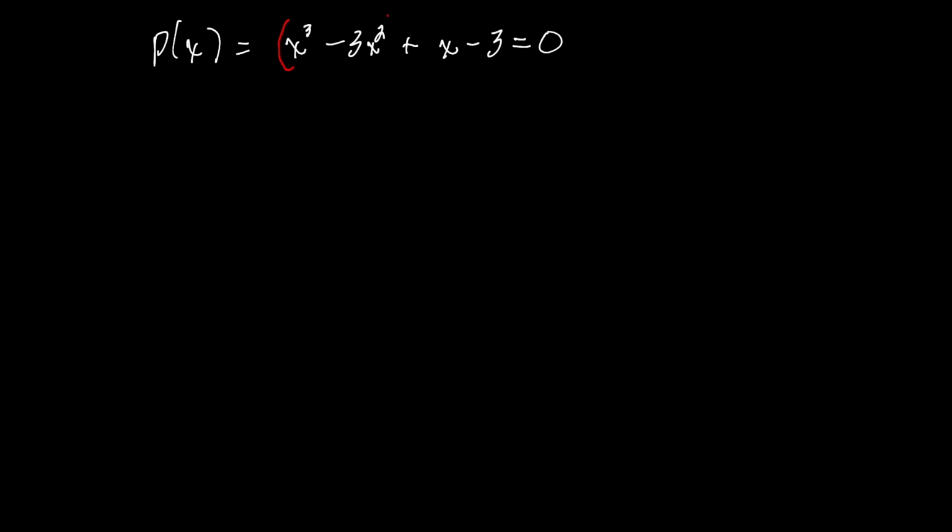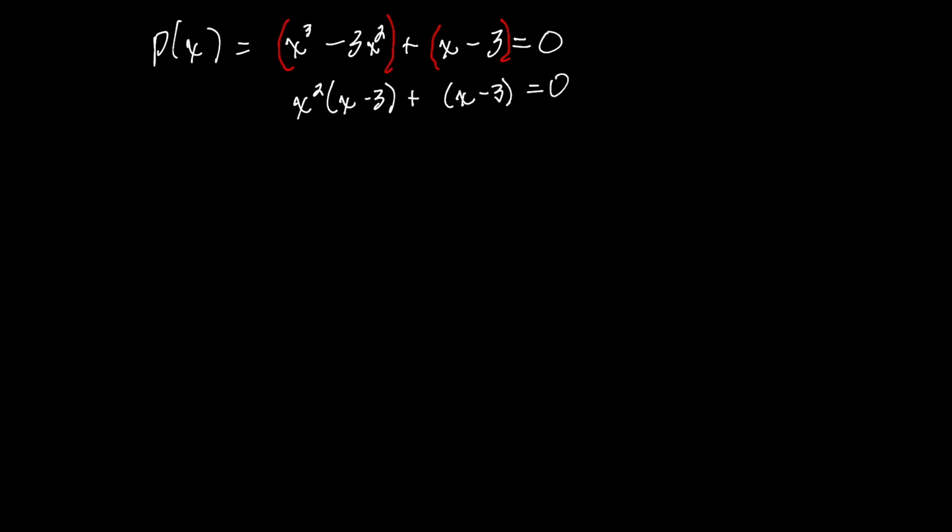From the first part, x squared comes out, because I have an x squared common to this term. So x times x squared is x cubed, and x squared times minus 3 is the minus 3x. So over here, I still have an x minus 3.